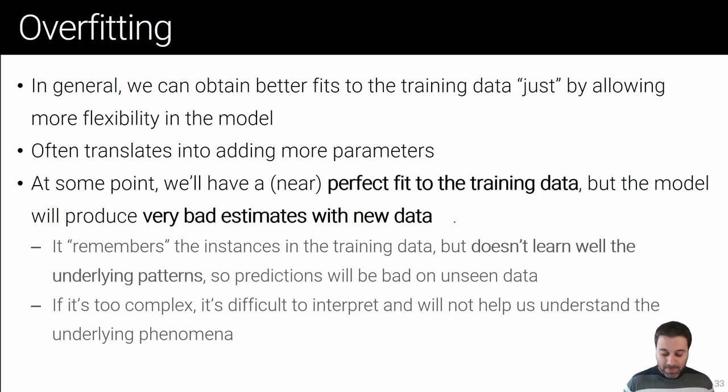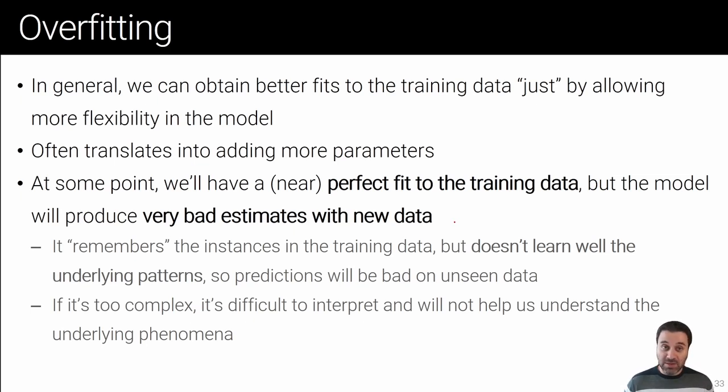And so at some point, when we're thinking about the complexity of the model, how simple it is and how well it accommodates the data, we have to think about the phenomenon called overfitting. So in general, the point is we can always or near always obtain better fits to the training data just by allowing more flexibility in the model, by allowing the model to be more complex, to warp in a stronger way.